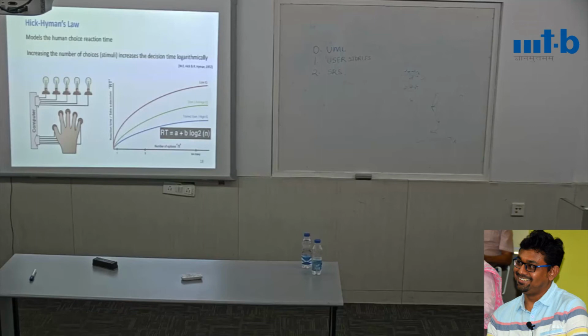So all it says is, given a particular user, how he or she would perform is what is defined by this law. Someone who has higher IQ or who is fast would always stay fast. But given more number of choices, that person will also get saturated.